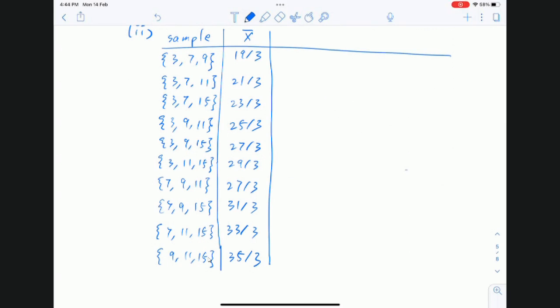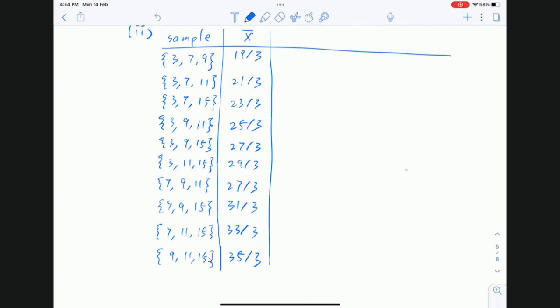Now, these are the possible values of the sample mean we will get. But we also need to know their probability so that we can compute their expectation and also the variance. So what is the probability of obtaining each of these samples? We have 10 possible samples. We are drawing without replacement, without any preference. We just randomly draw the numbers. So all these 10 samples should have the same chance to be collected.